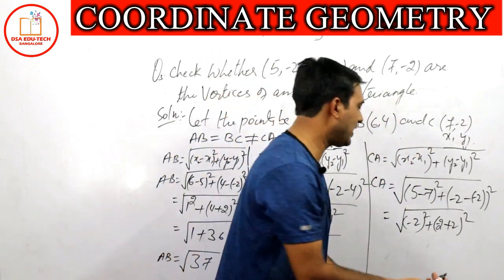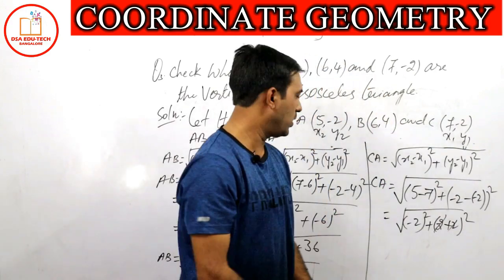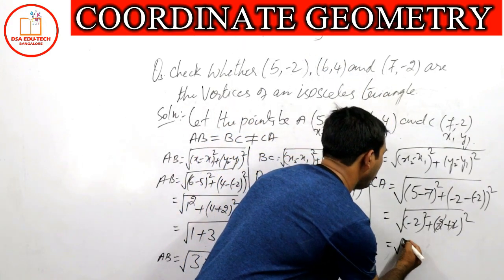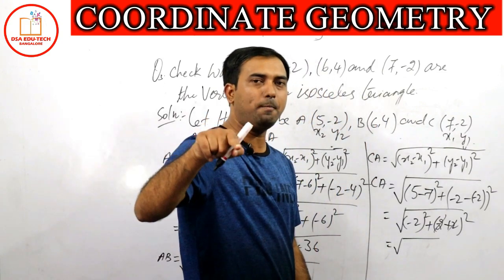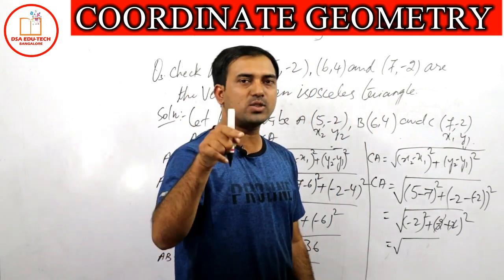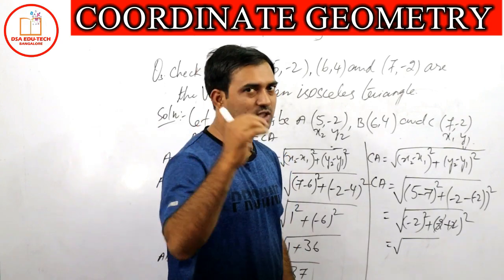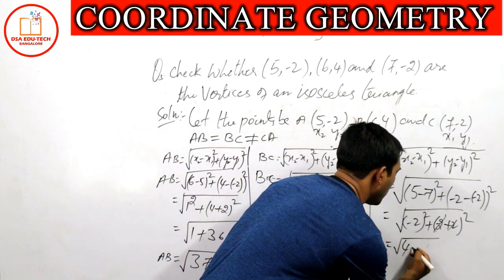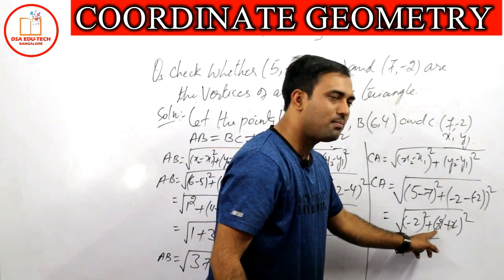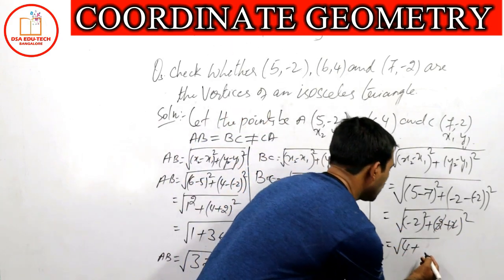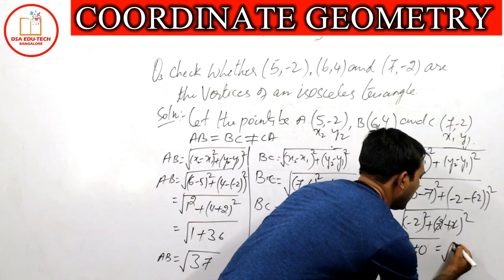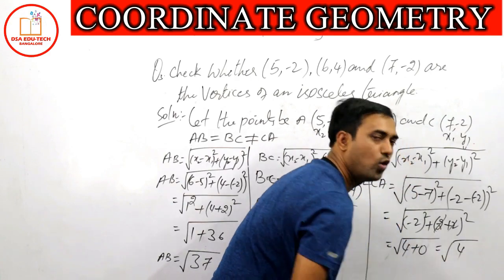Minus 2 plus 2 will cancel each other and we get 0. So we have the value of minus 2 square, which is minus 2 into minus 2, which is plus 4. So I wrote plus 4. Plus minus 2 plus 2 cancel, 0. 0 square is 0 only. So 4 plus 0 is 4.